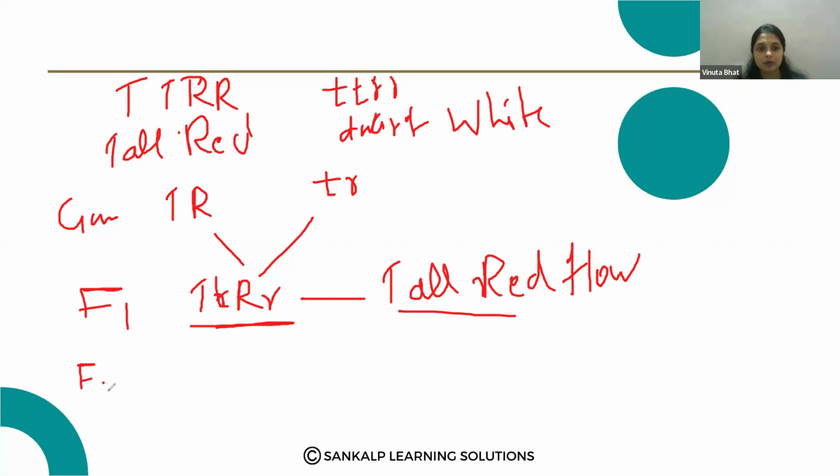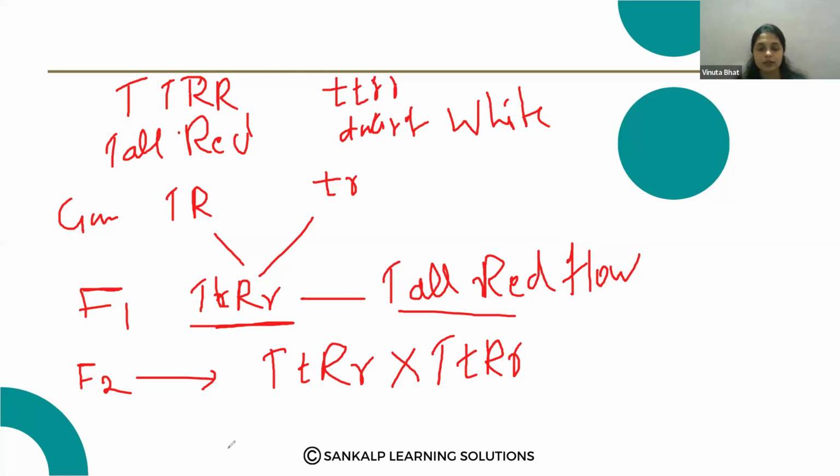To obtain the F2 generation, you have to cross capital T, small t, capital R, small r, crossed with capital T, small t, capital R, small r. So here gametes produced capital T, capital R, capital T, small r, small t, capital R, and small t, small r.